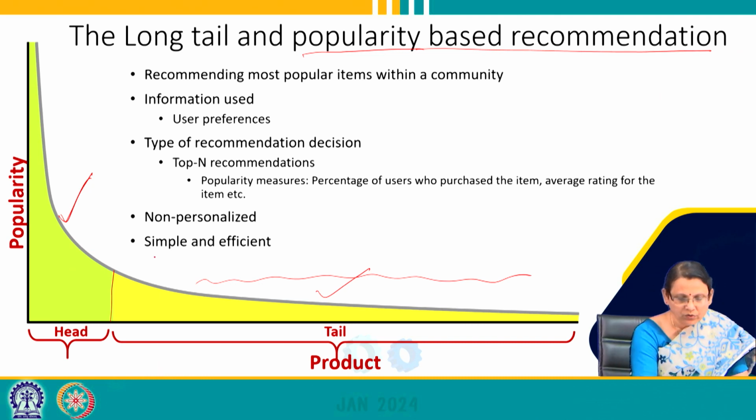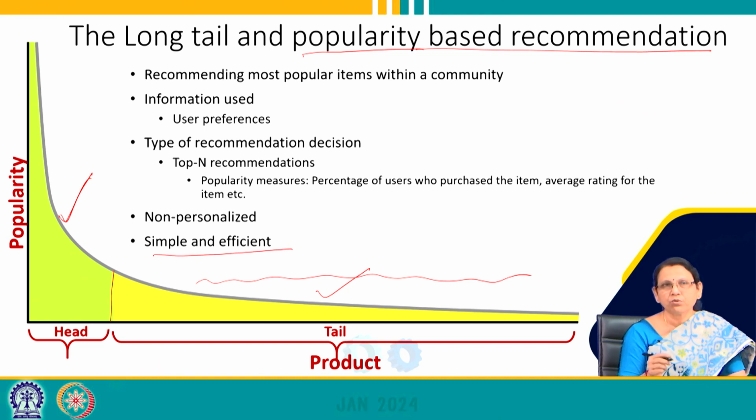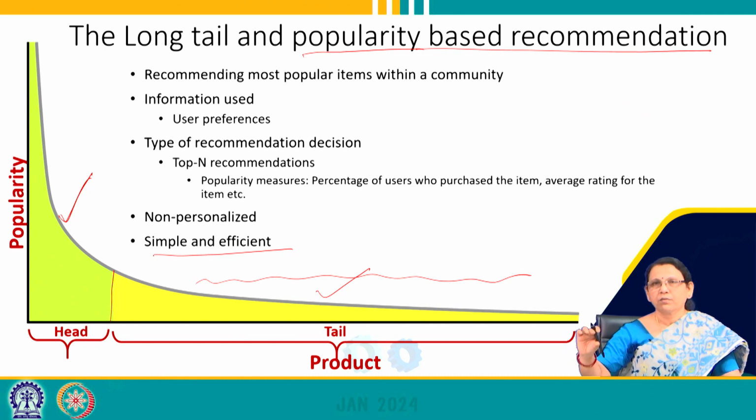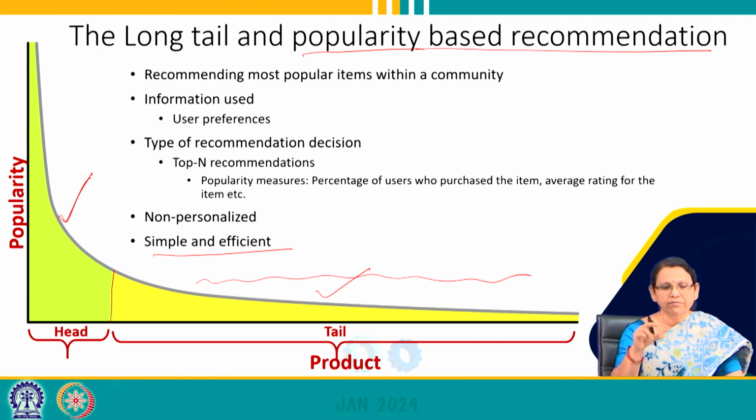So, this is the most simple one. If you look at, let us say, your streaming site like that of Netflix, you will find out what are the recent items which are popular movies, popular documentary, popular news items and so on. You will find out on that particular streaming site.